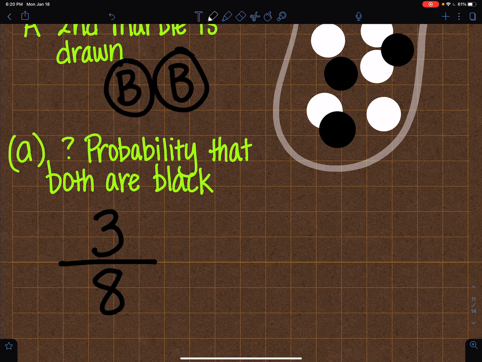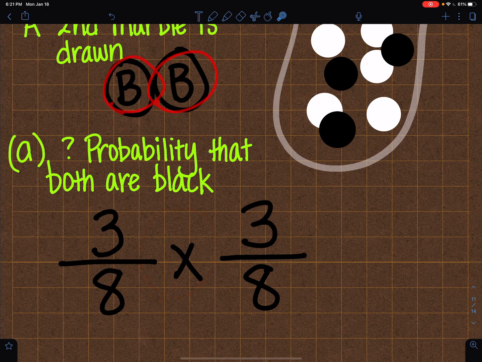So the chances of getting black the first time are 3 out of 8. What are our chances of getting it the second time? Well, the chances haven't changed because all the marbles are back in. So it's going to be 3 out of 8 again. And whenever you have to get 2 probabilities, 2 things have to happen, then you're multiplying those odds together. So your probability of getting 2 black marbles in a row are 3/8 times 3/8.